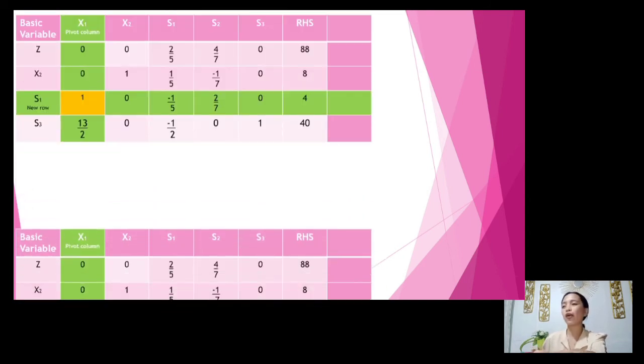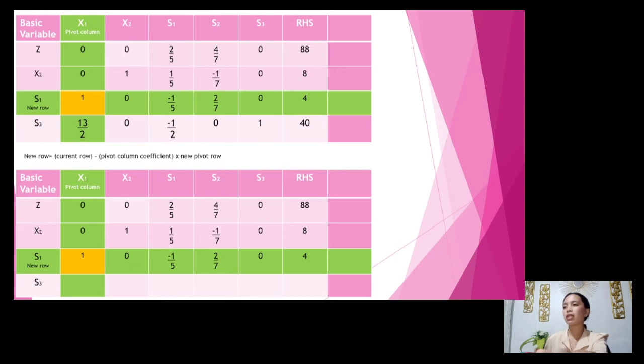For the next row, we'll be doing the same process again. So this will be 0, then 0, then 4, negative 1 half minus 13 over 2 times negative 1 over 5 is positive 4 over 5.